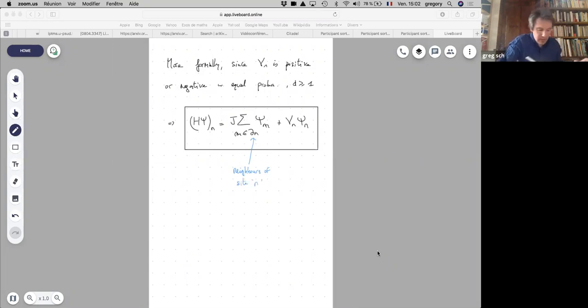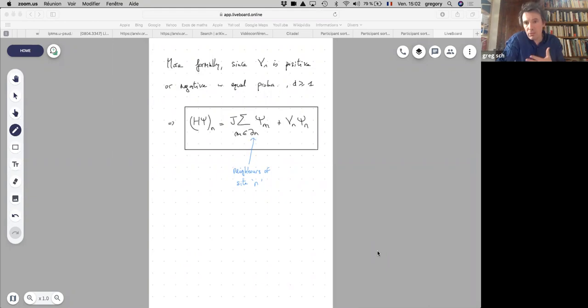And you have these two terms that I already mentioned before, which are sometimes called the hopping terms on the one hand, and the on-site disorder on the other hand. One may discuss the universality with respect to the disorder and study how the properties of the system depend on the types of disorder that you consider.